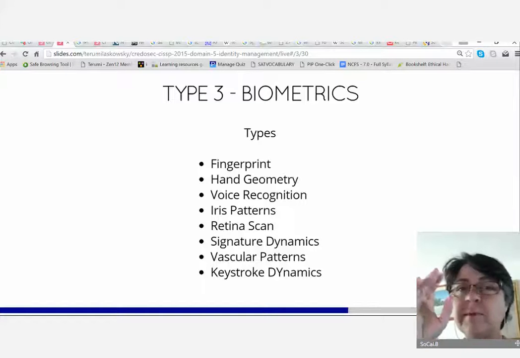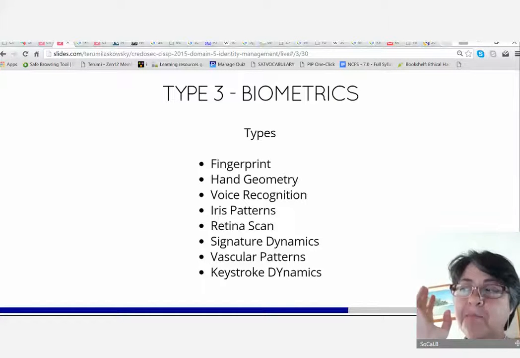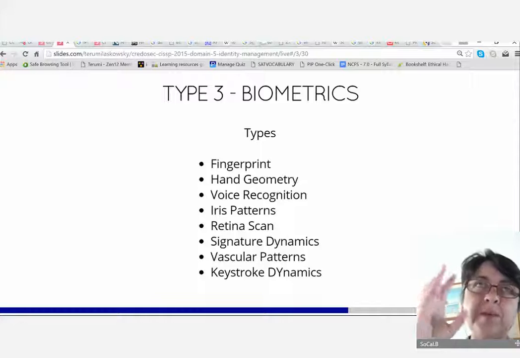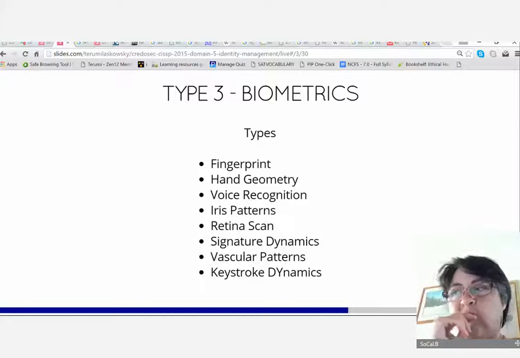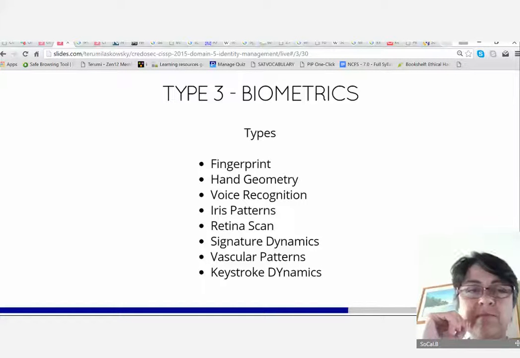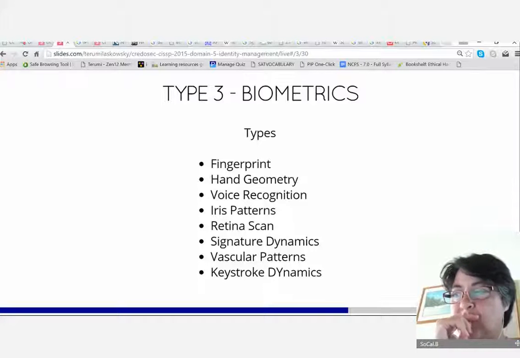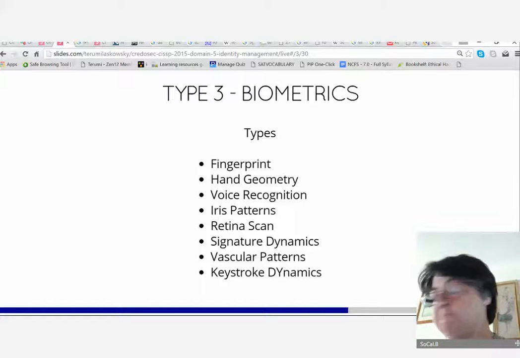But anyway, keystroke dynamics. Okay, so in the book, they tell you which one they think is the most accurate. Which one do you think is the most accurate form of biometrics? No idea?